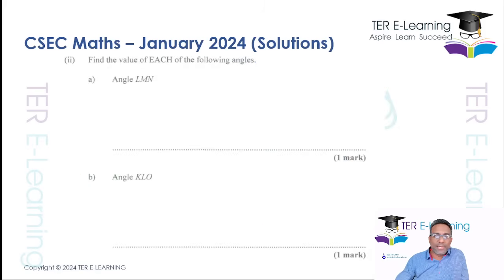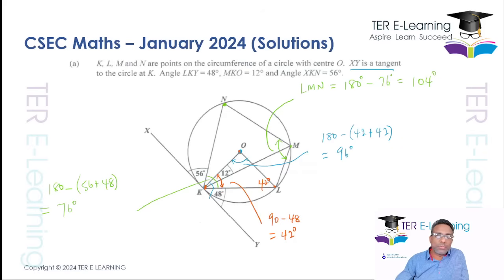And the next angle we want is KLO. Where is KLO? Well, KLO is this angle. We already worked this out. So KLO is actually 42 degrees. We had worked that out already, so we're good to go.